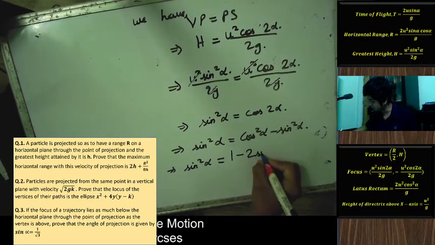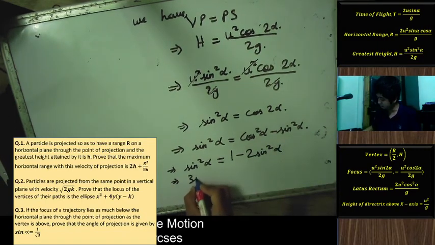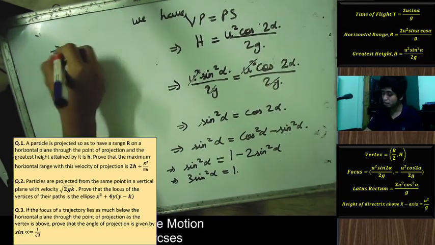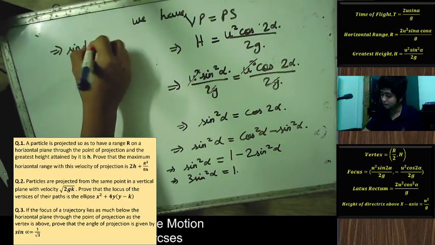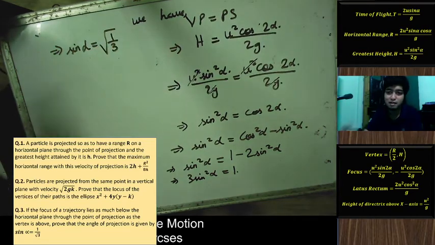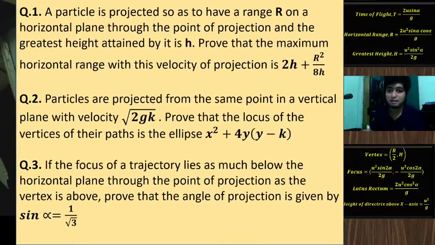So we will be having 1 minus 2 sine squared alpha if you simplify. So we'll be having 3 sine squared alpha equal 1. So ultimately we will be having sine alpha equal root 1 by 3, which is the required answer that we want to find. So this solves all the 3 questions. Until next time.